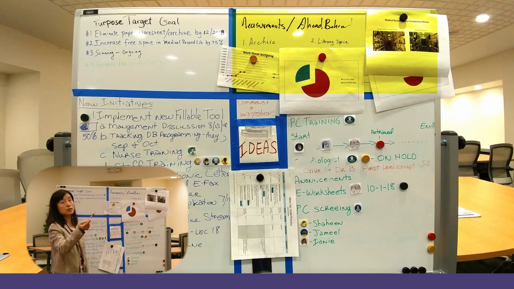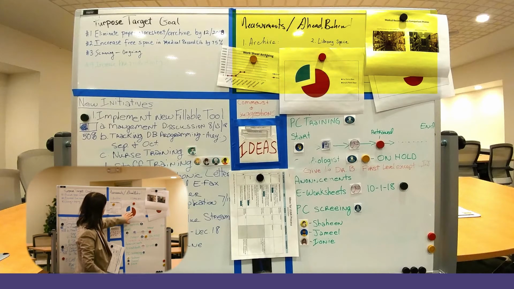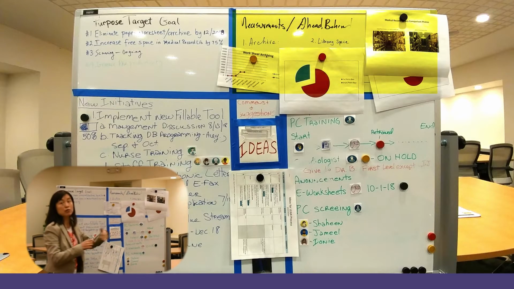So if I took a photo today, we actually have more empty shelves, because one of the goals is to eliminate paper. So the blue means essentially empty space now, and then this is the rest. So we still have a way to go.